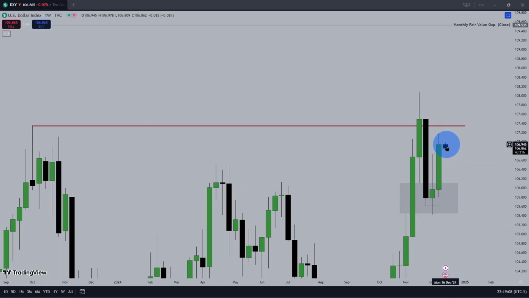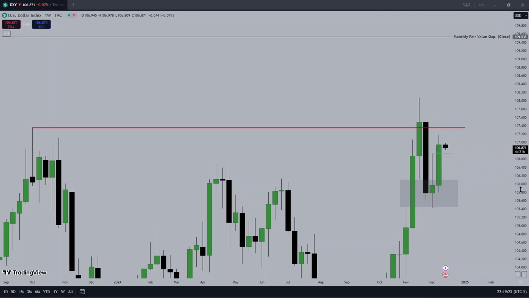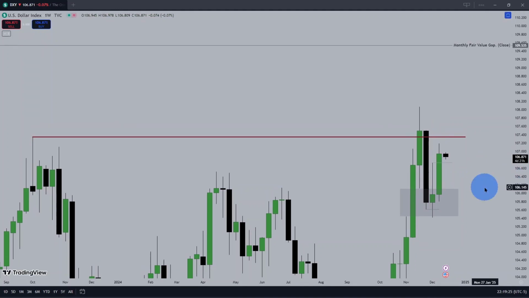So when the market returns into the previous week's high, we want to see a quick and sharp response off of this level here. So on the weekly time frame, this is the only PD array I see here, the previous week's high, the only discount array here.